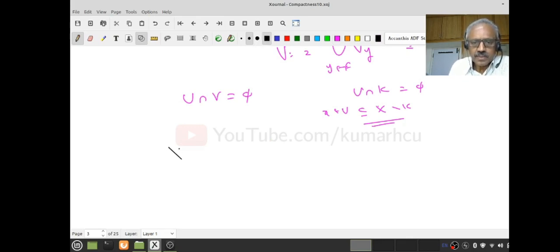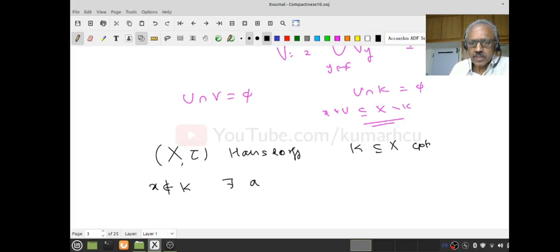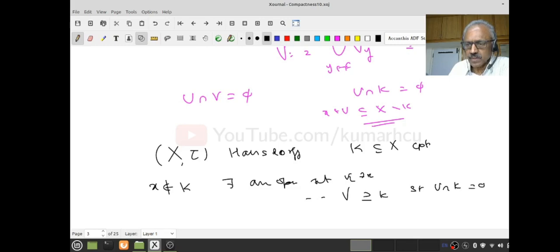If (X, tau) is Hausdorff and K is compact and x is not in K, then there exists an open set U containing x and an open set V containing K, so that U intersection V is empty.